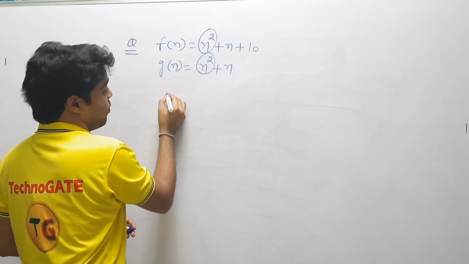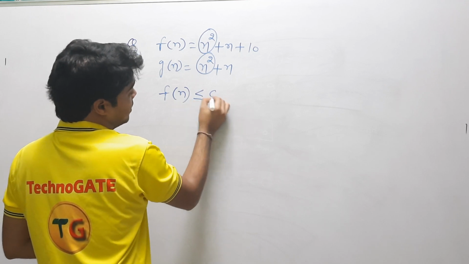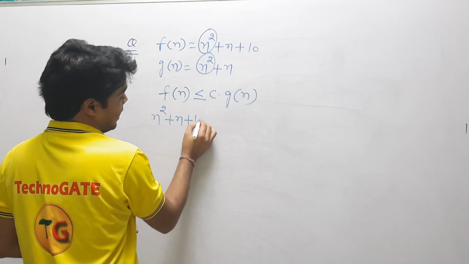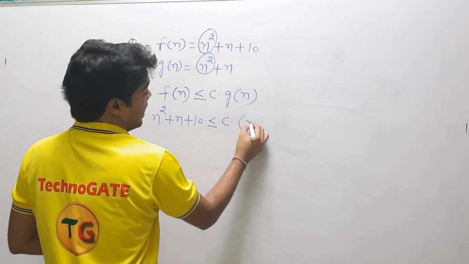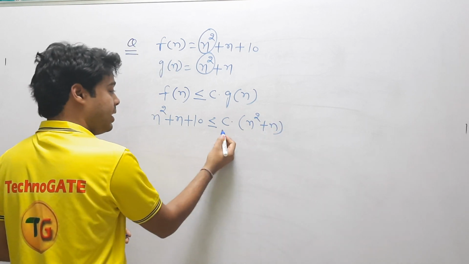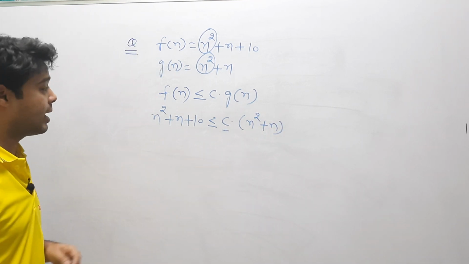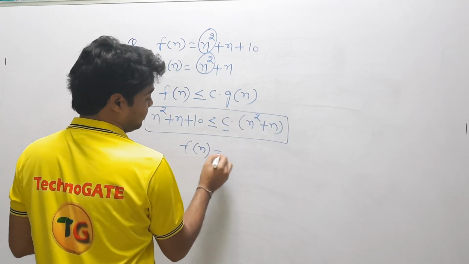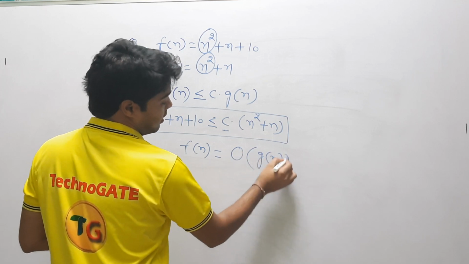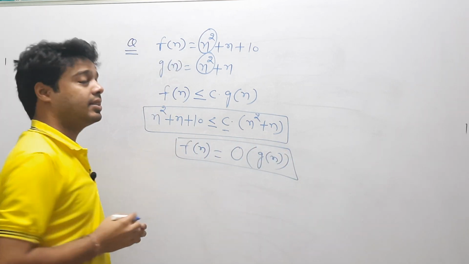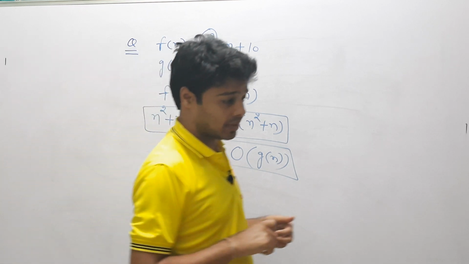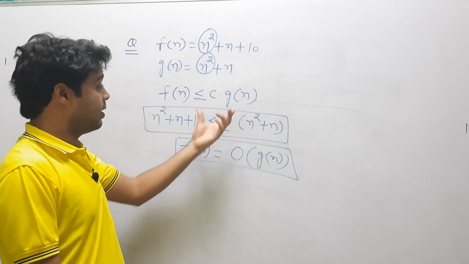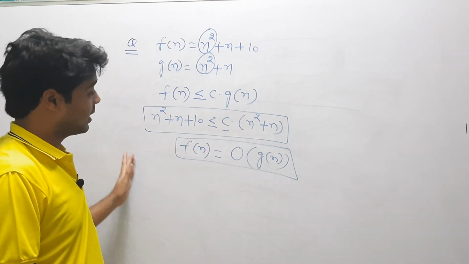So here Fn is less than or equal to C dot Gn. So we can write n square plus n plus 10 is less than or equal to C dot n square plus n. So through C we can balance it. So here Fn is big O of Gn. The purpose of C is only to balance the equation. We will see how C helps the function balance the equation. So we can write this.